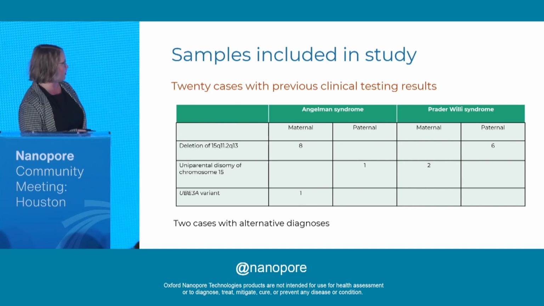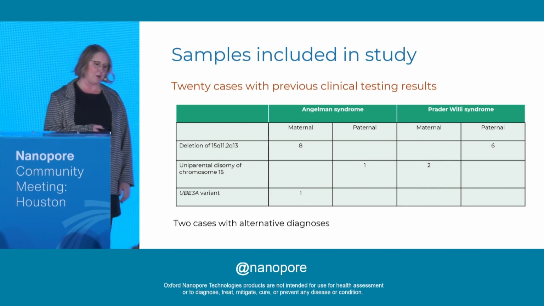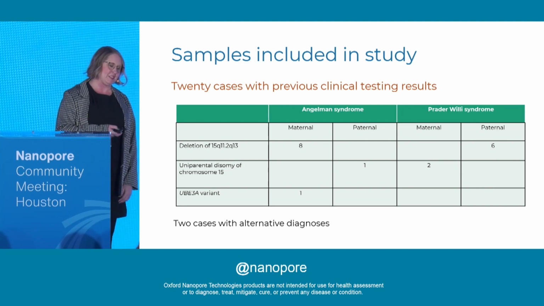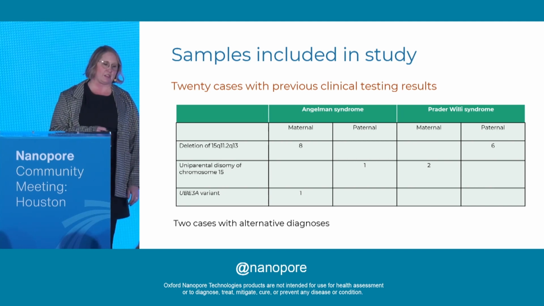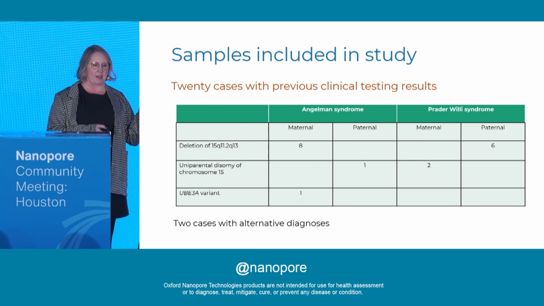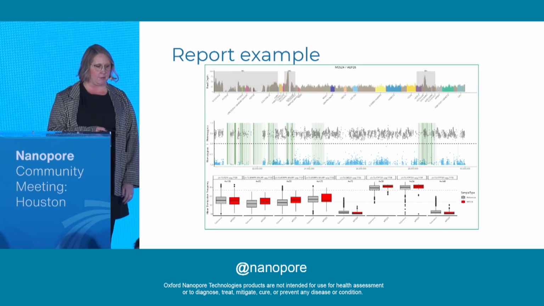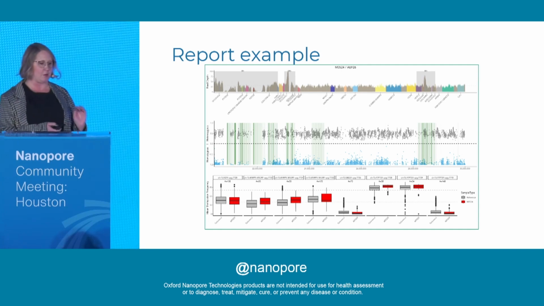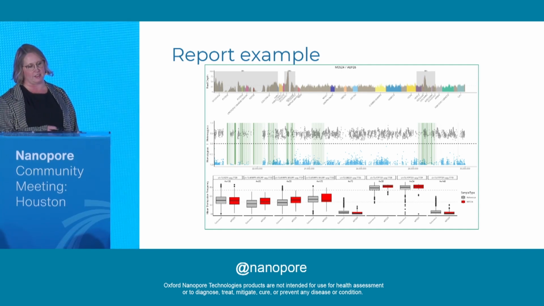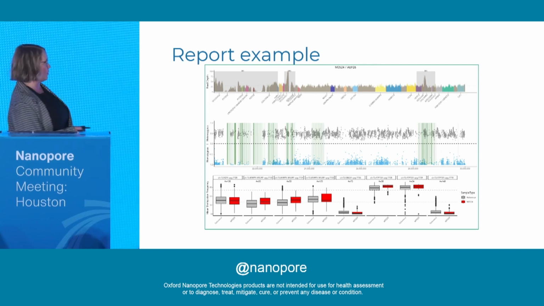The samples included whatever I could find in our freezers from previous testing. These were 20 cases with previous clinical testing results, trying to span the known mechanisms of disease as well. This is an example of the reports that Miranda, a computational scientist in the Miller lab, put together for us.